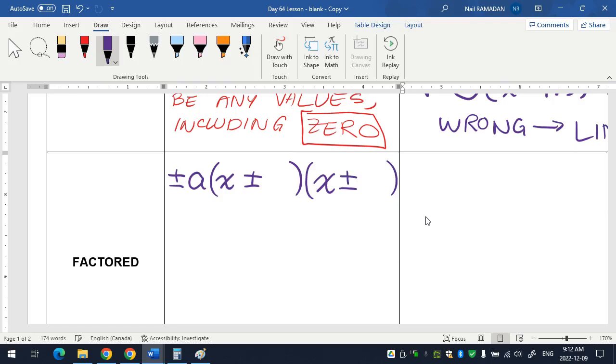Positive, negative. Okay. What symbols did we use for the standard form? Like what letters? Come on, what did we use for the standard form? A, B, and C. What did we use for the vertex form? A. No, forget the X's. What are the other letters? For the first one, you used A, B, and C. For the other one, you use what? A, H, and K. For this one, can I use A again?